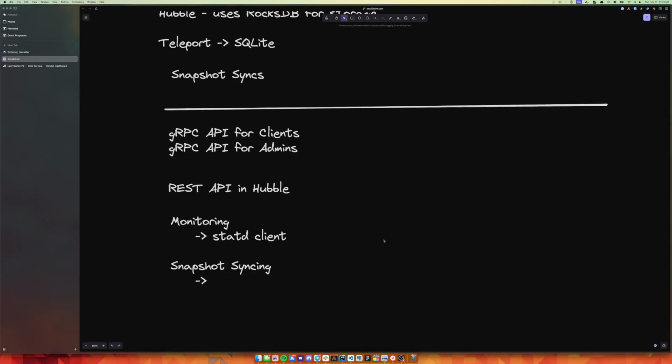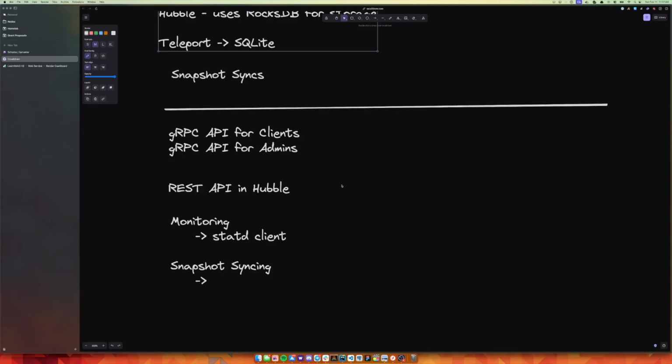Because of our choice of SQLite over here, this is again something we are currently discussing, whether it is worth the effort of maintaining compatibility with Hubble on this. Because if you look at the Ethereum ecosystem, different nodes don't share snapshot sync capabilities. You can't take a snapshot sync from Nethermind and use it on Go Ethereum, right?